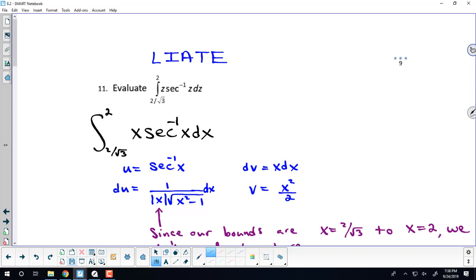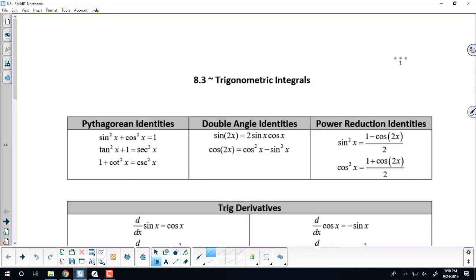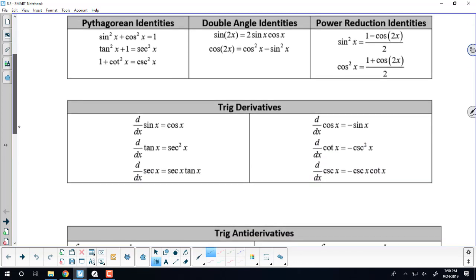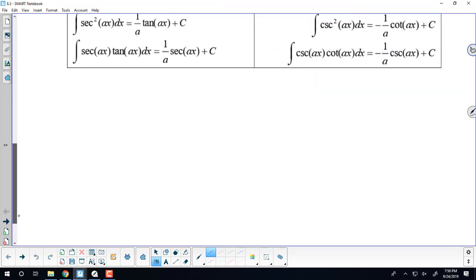In 8.3, we're looking at trigonometric integrals, specifically powers of sines and cosines. Just some useful identities are listed on the first page.